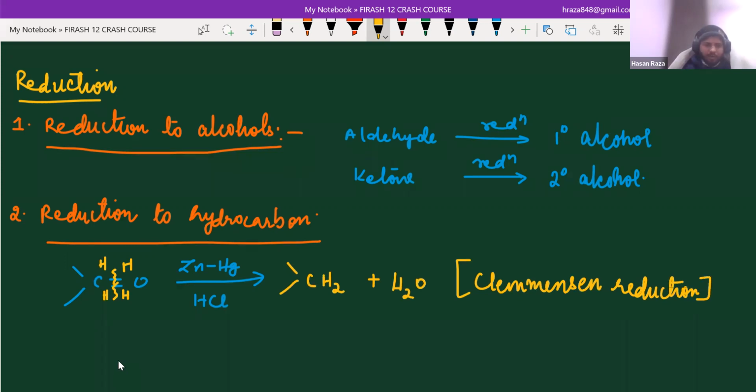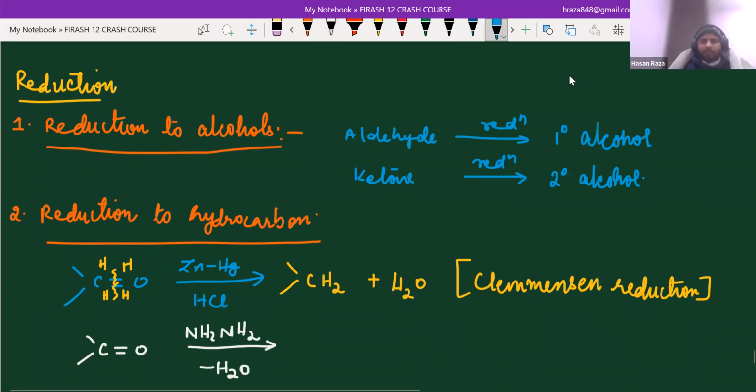Now see, if you have C double bond O like this, and if you are going to use hydrazine, NH2NH2, then first of all, there will be elimination of water. I will explain the reaction first, write it. If you eliminate H2O, you will be getting C double bond N, NH2.